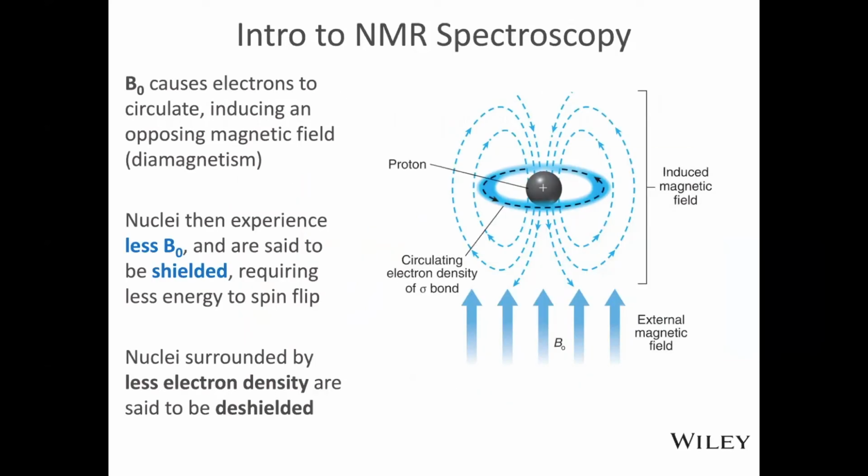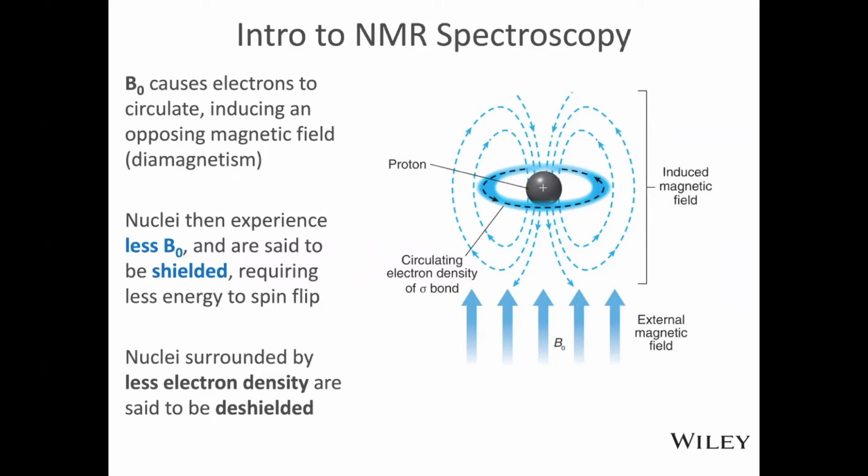Up till now, we've been talking about the nucleus, the protons and the neutrons. This magnetic field also affects the electrons. It causes the electrons to circulate, inducing an opposing magnetic field, or diamagnetism. The nuclei that experience less magnetic field are said to be shielded, requiring less energy to flip the spin. So they are shielded by electrons that are right around the nucleus.